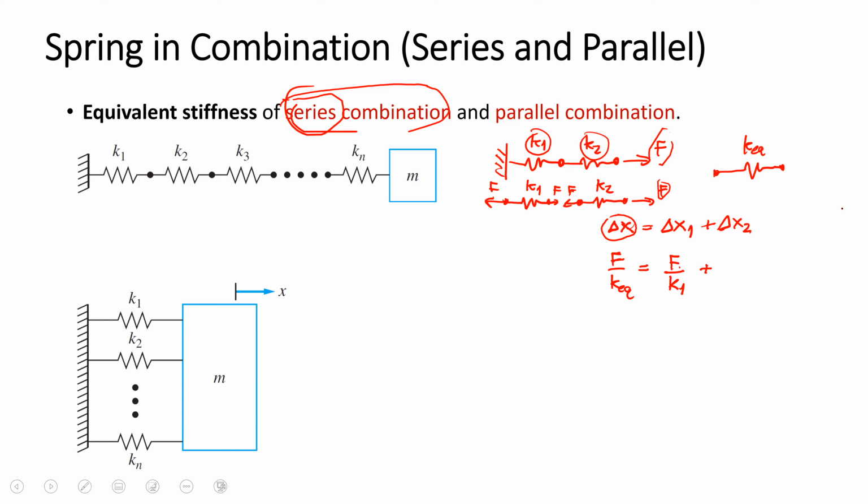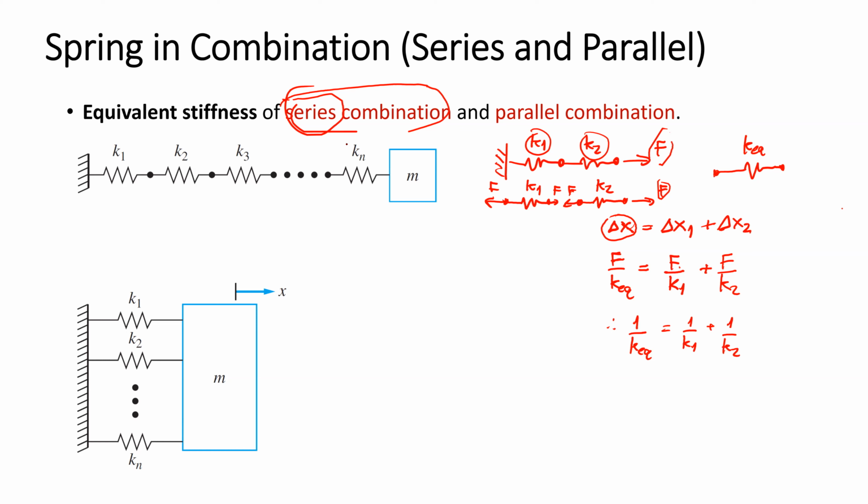The displacement in the spring K2 is force divided by K2. So for the series combination, 1 per K equivalent is equal to 1 per K1 plus 1 per K2.